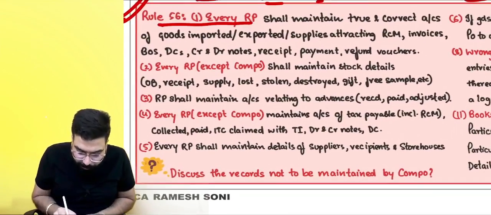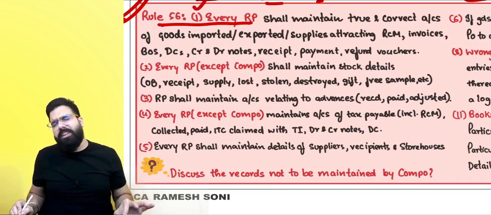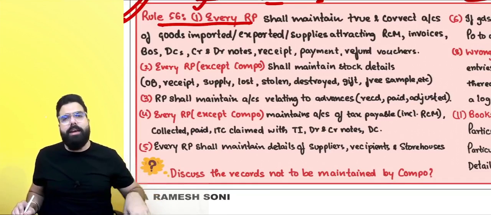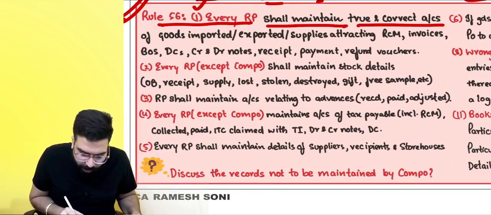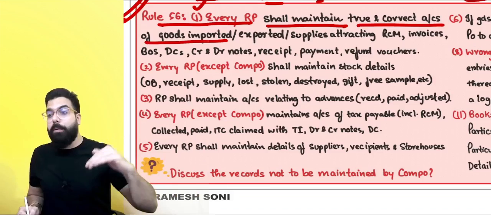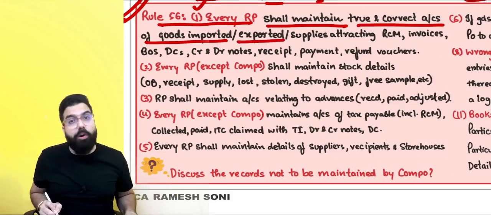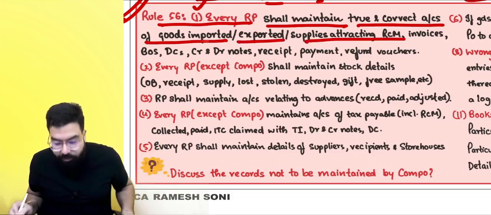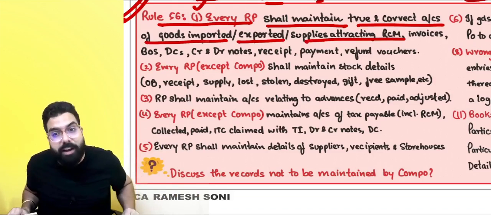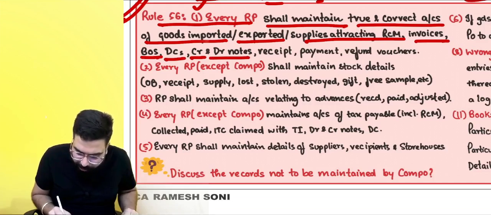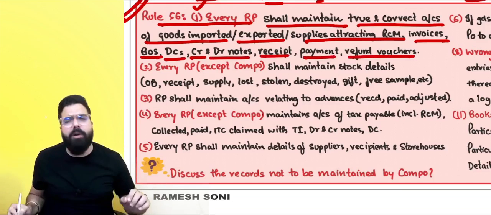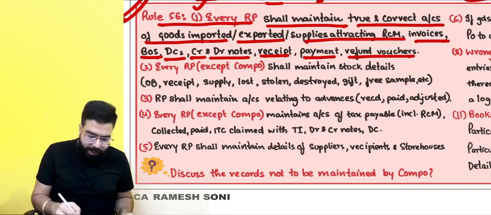Rule 56(1) says every registered person shall maintain true and correct accounts of goods imported. What are the goods I have imported? What are the goods I have exported? What are the supplies attracting reverse charge mechanism? Invoices, bill of supply, delivery challan, credit note, debit note, receipt voucher, payment voucher, refund voucher. All this I have to maintain.